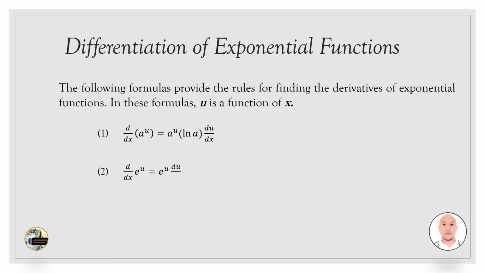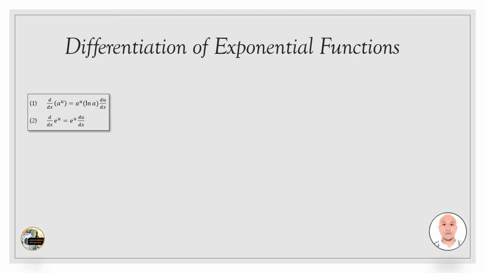Formula number 2: d over dx of e raised to u equals e raised to u times du over dx. Example number 1: find dy over dx if y equals 4 raised to 2x.